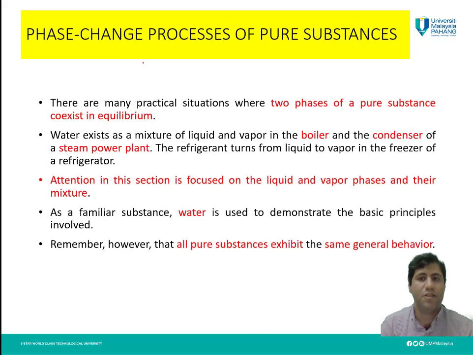What is the phase change process? The phase change process means the phase of a substance is changed from one of those three principal phases to another phase. There are many practical situations where two phases of a pure substance coexist in equilibrium condition.